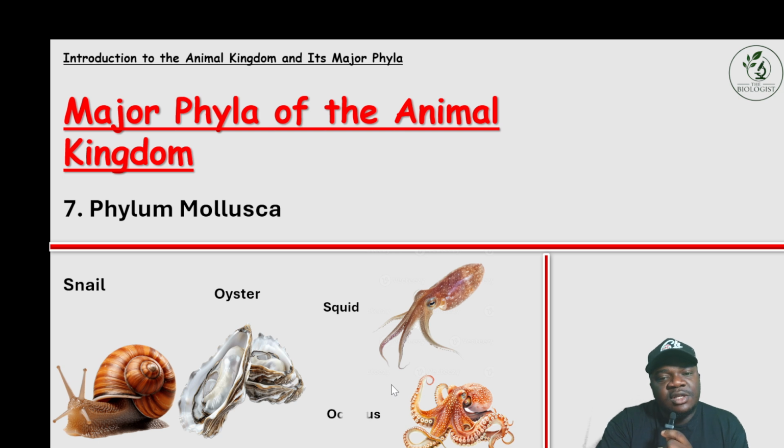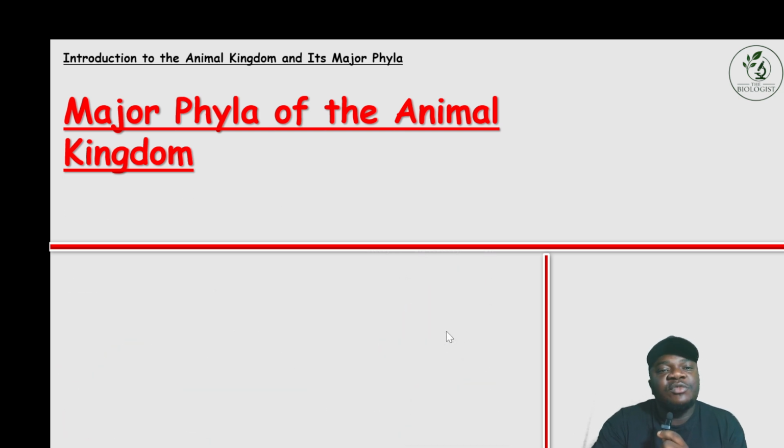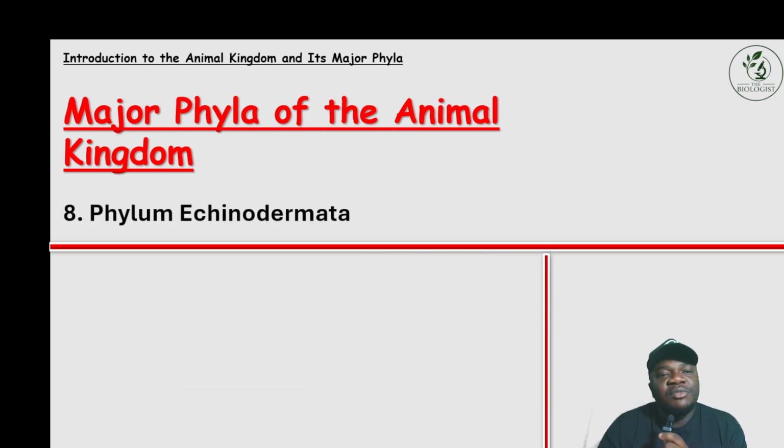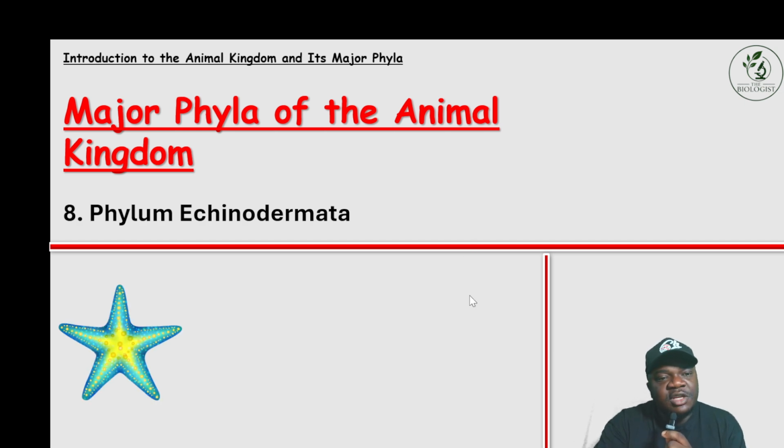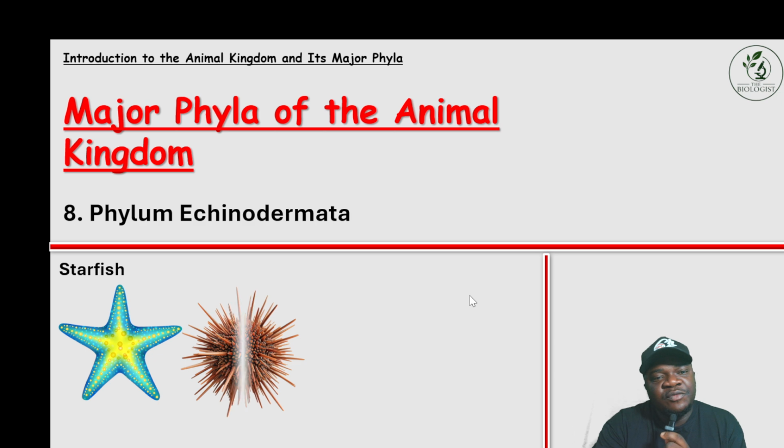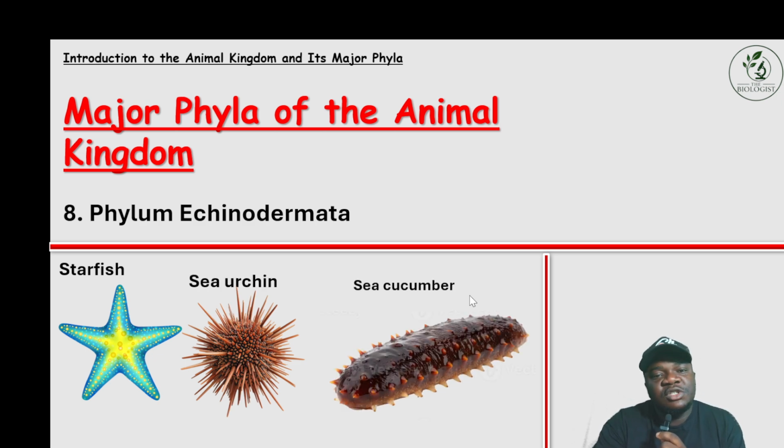You also have the octopus, which is aquatic and is found in the phylum Mollusca. The next phylum is Echinodermata. The members here are starfish, sea urchin, and sea cucumber. These are the beautiful members of phylum Echinodermata.